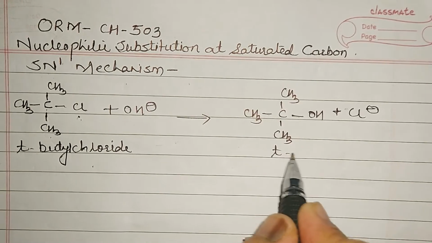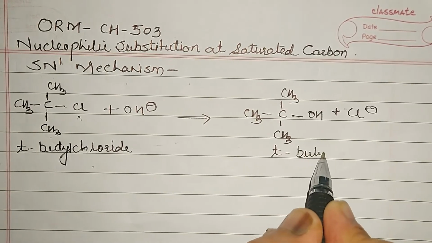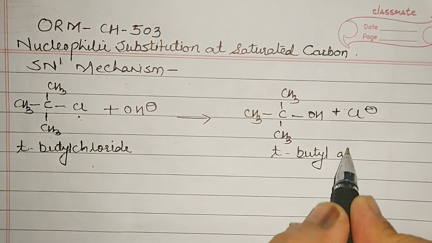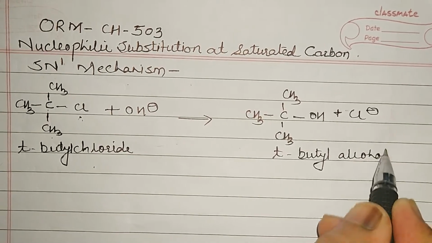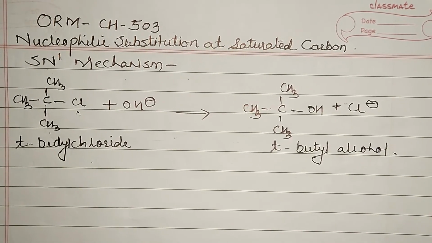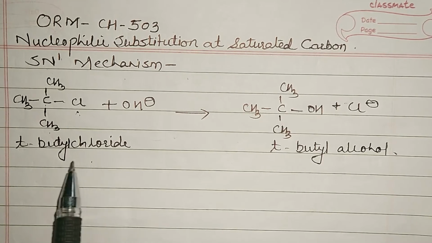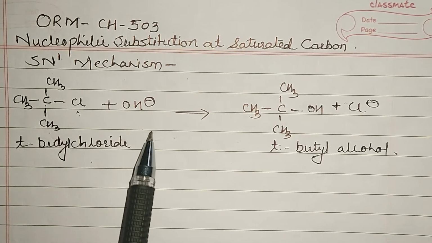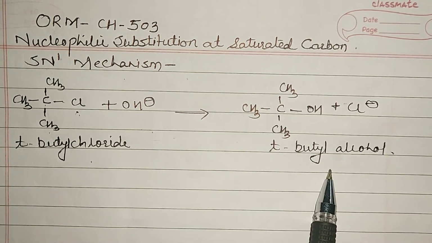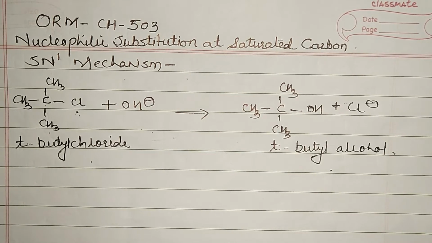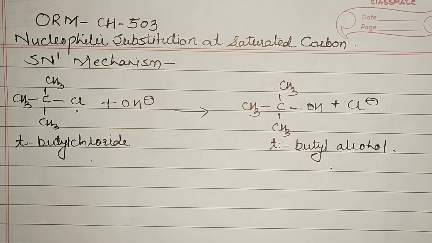This product is tertiary butyl alcohol. That is, tertiary butyl chloride on hydrolysis gives tertiary butyl alcohol. This reaction follows the SN1 pathway.